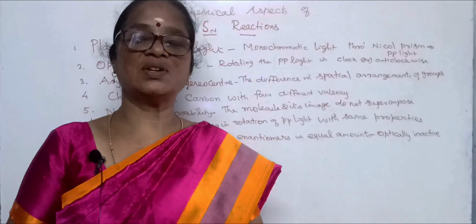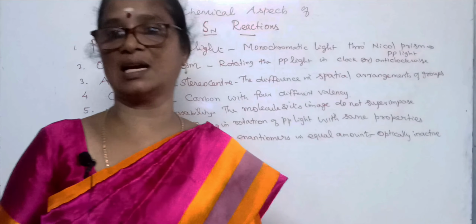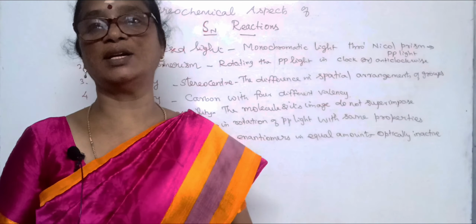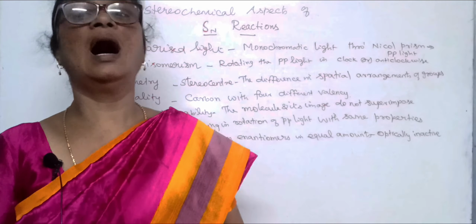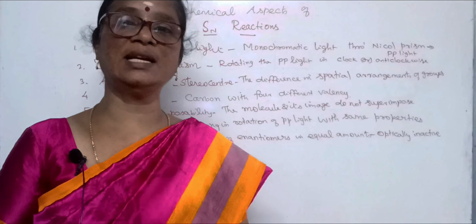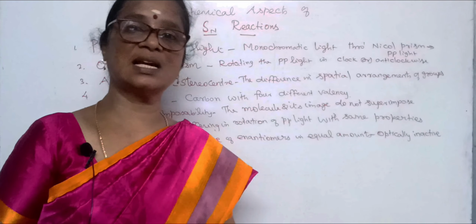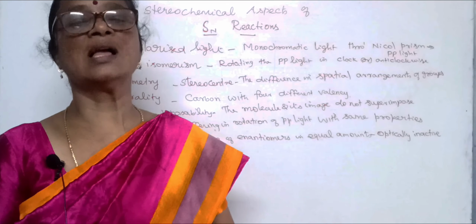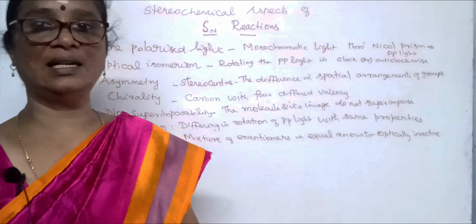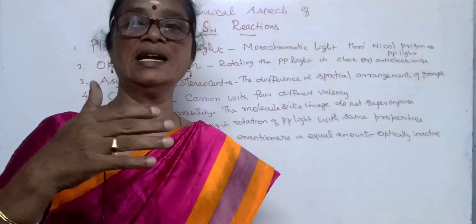The compounds which rotate the plane polarized light clockwise are called dextro isomers, d-isomer or plus isomer, and the compounds which rotate the light anti-clockwise are said to be minus isomer, levo isomer or l-isomer.